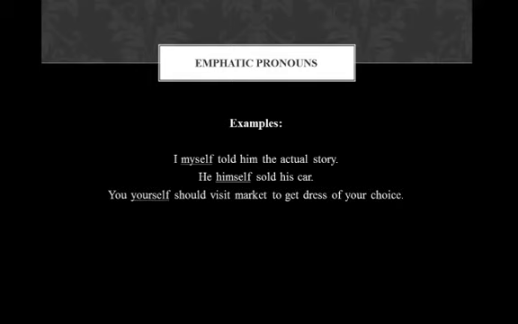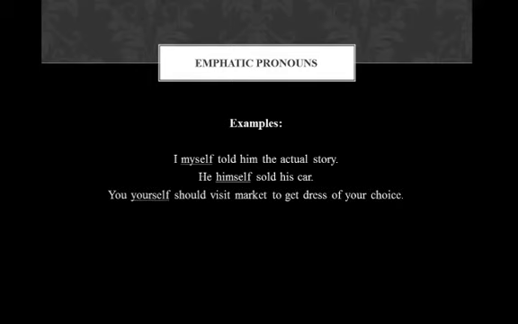If we omit these pronouns from the statements, like I told him the actual story, he sold his car, you should visit the market to get the dress of your choice, all the statements are right. Meaning there is no structural problem or issue. So these are the emphatic pronouns. They are just used to emphasize and they can be omitted from the statement.